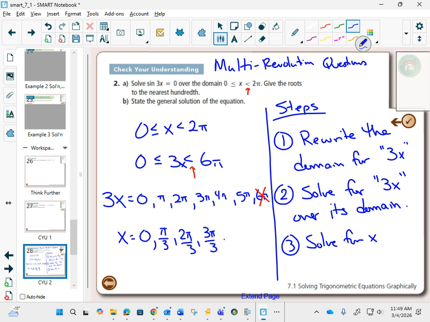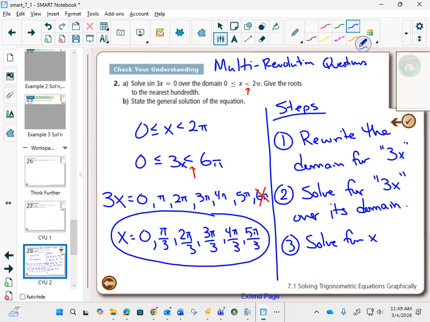You could reduce that if you wanted, but all of them get divided by 3. In the end, all of those answers are between 0 and 2 pi. The original question solved for x between 0 and 2 pi. 5 pi over 3 is in quadrant 4, but still less than 2 pi.